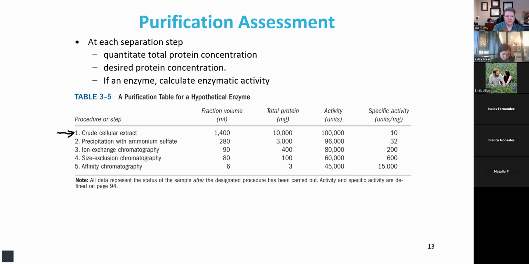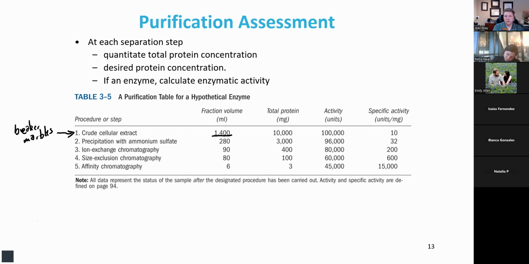You are going to start out with, basically, the beaker of all of the marbles. Is your red marble in there? Yes, it is. It is one of the marbles in there. Now, that beaker has a total volume of 1.4 liters or 1,400 milliliters.